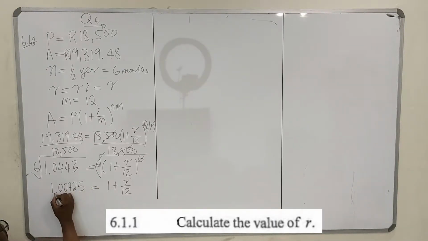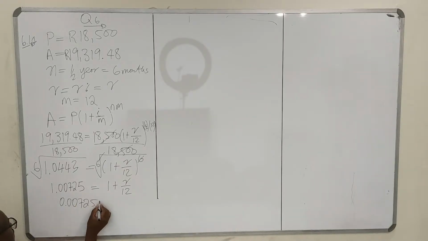Then transpose the 1 to this side. So you will be left with 0.00725, which is equal to R over 12.